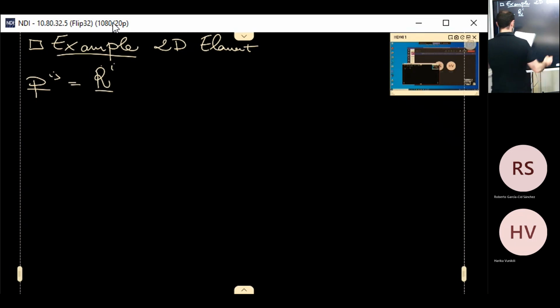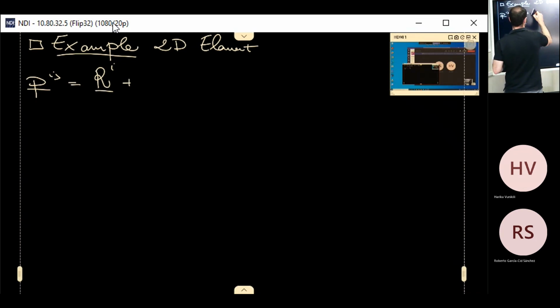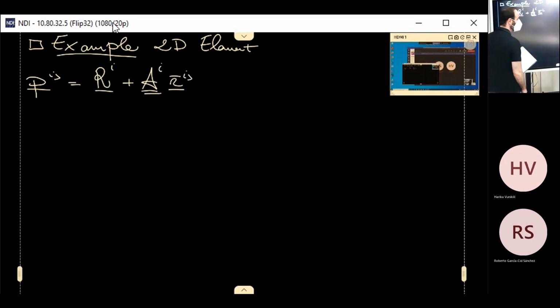R, without dot of course, plus A_i operated over R-bar_ij.